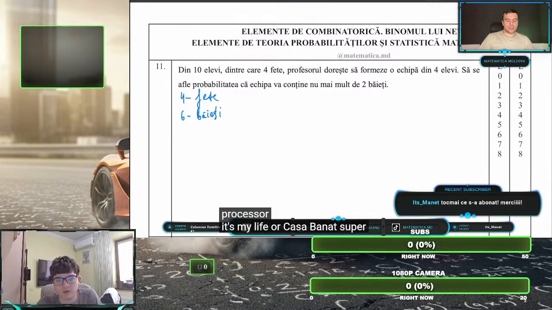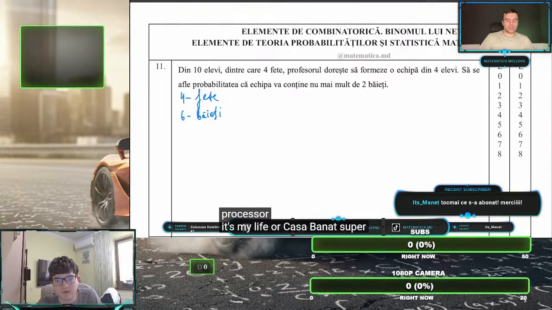Now here it should be that formula, m divided by n, the total number of cases. So n should be combinations of 10 because there are 10 pupils, that's 10 below, and 4 should be above because each team is of 4 people extracted from those 10 pupils.